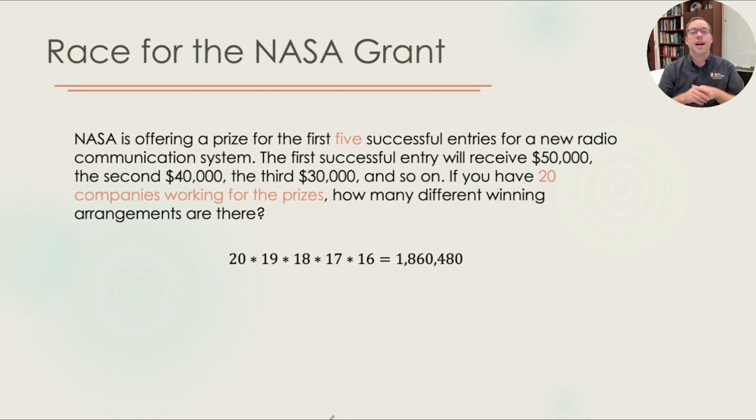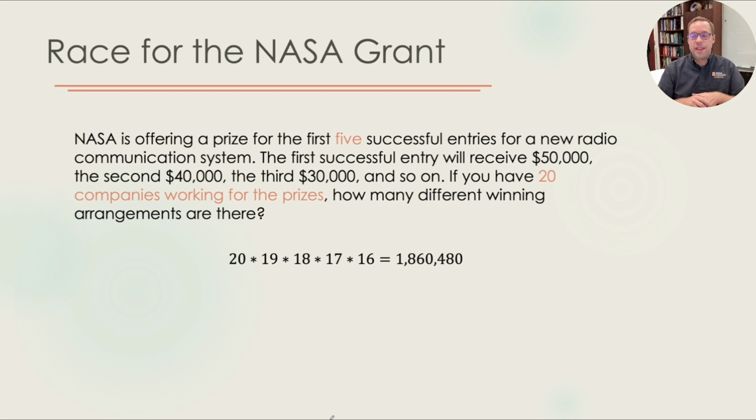After they get first place, there are 19 companies left. So there are 19 different ways that they can select second place. 18 different companies that can get third place, 17 that can get fourth, and 16 that can get fifth place. I'm putting up this calculation so that you can see it right off the bat, logically.